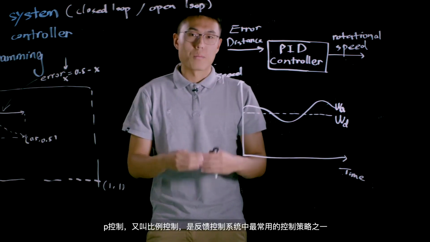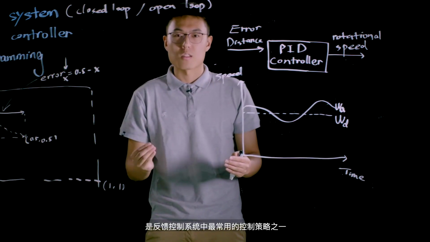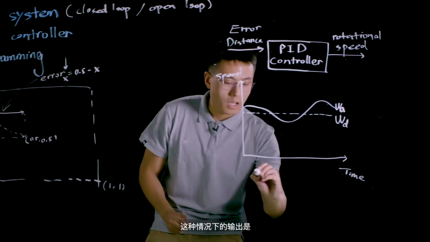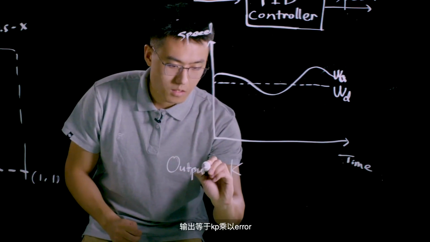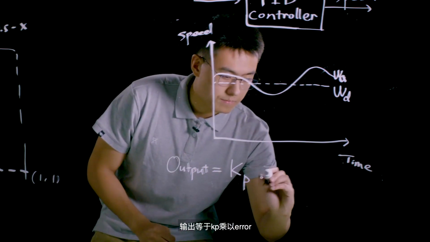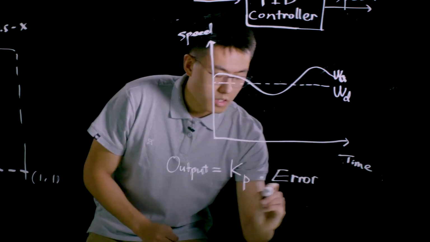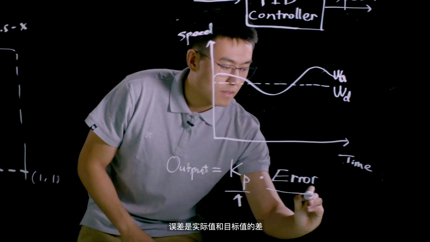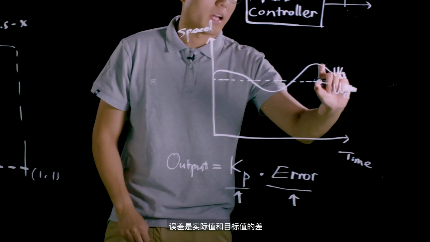P control, or proportional control, is one of the most frequently used control strategies in feedback control systems. P denotes proportional, and the output in this case equals Kp times error. Here, Kp is the scale coefficient, and error is the difference between the actual value and the target value.